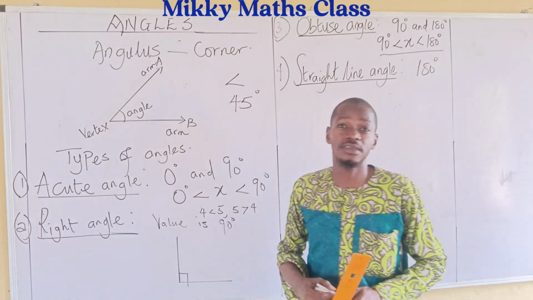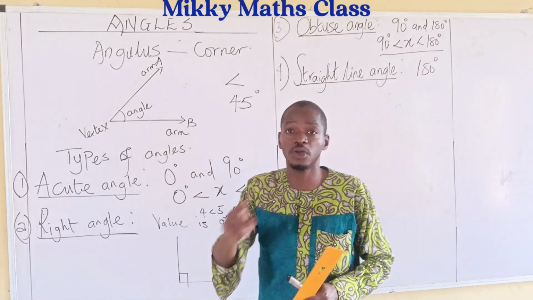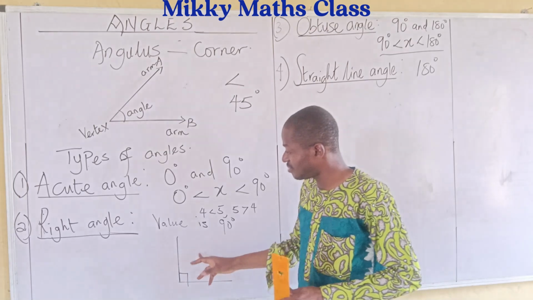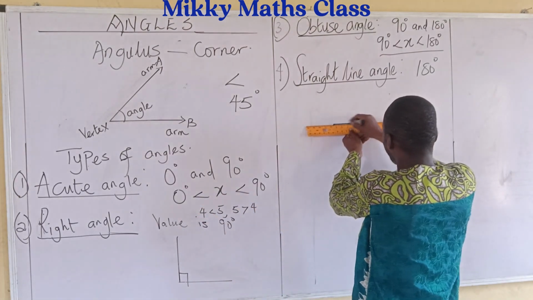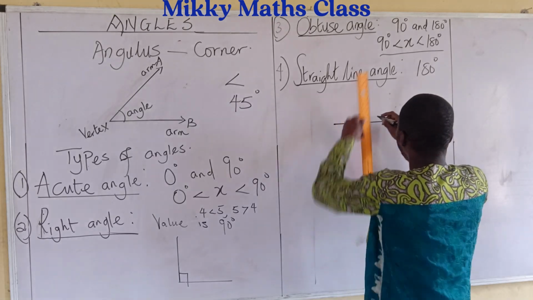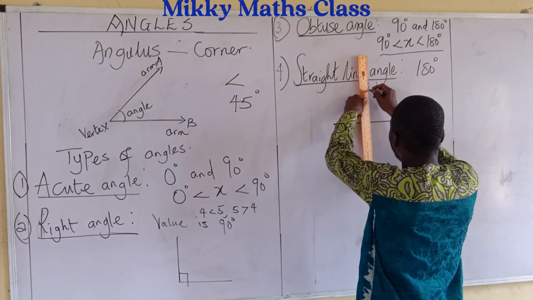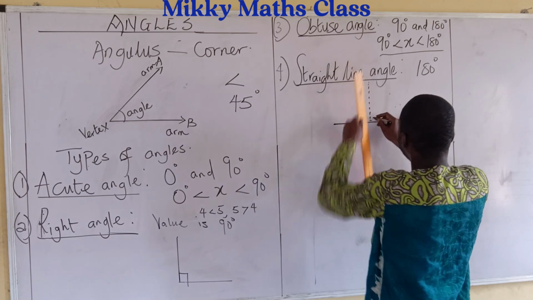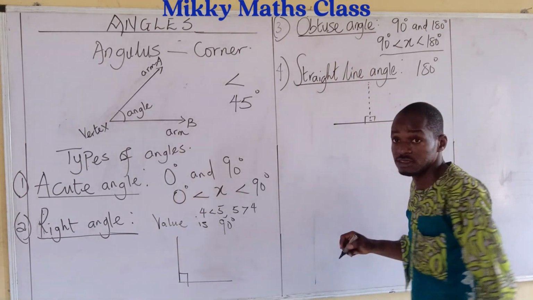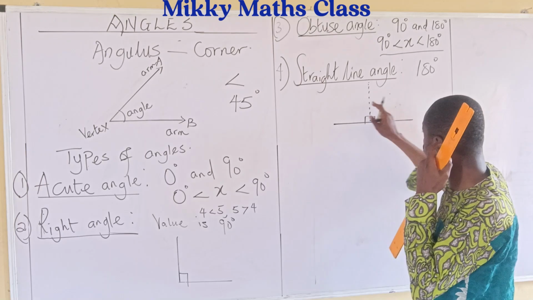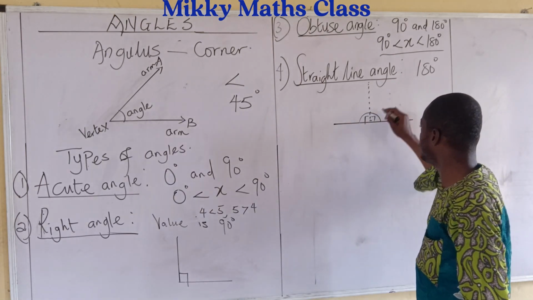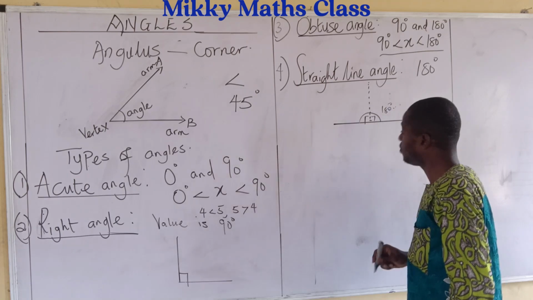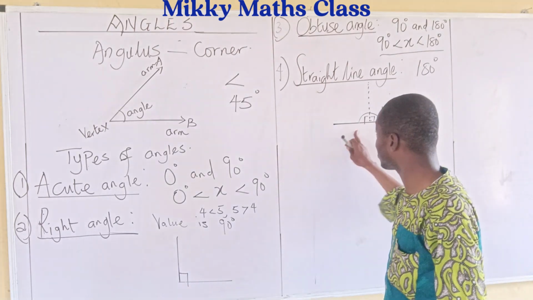A straight line angle is formed where two right angles merge. If I have two right angles here, 90 degrees, here 90 degrees, the combination of these two will give me 180 degrees. So this is what a straight line angle is.